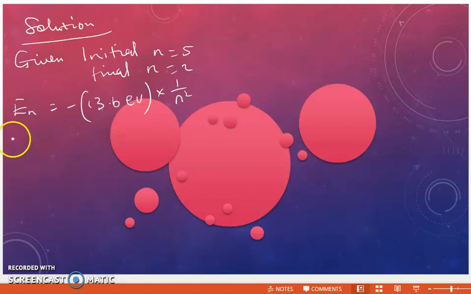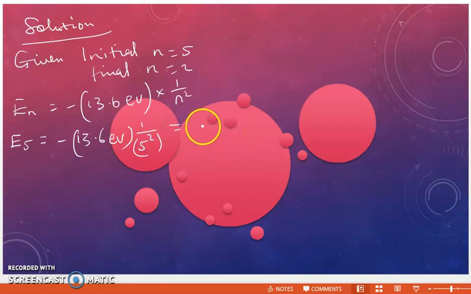So n at 5 will be negative 13.6 electron volt multiplied by 1 divided by 5 squared. If you multiply this, you will get negative 0.544 electron volt.